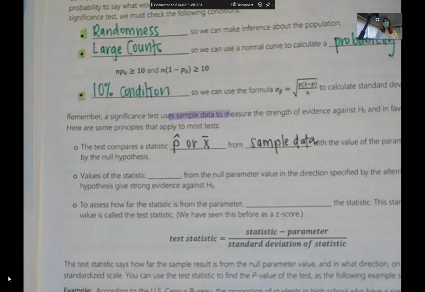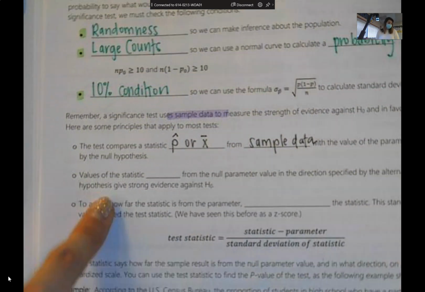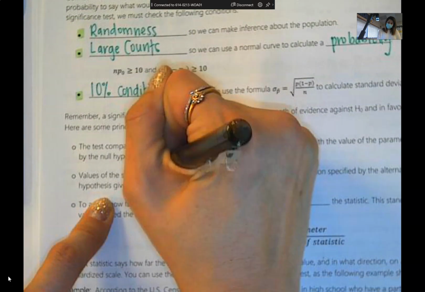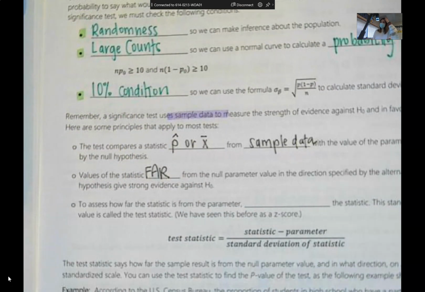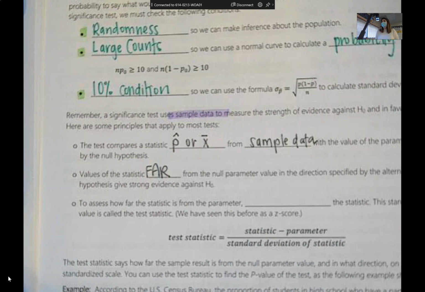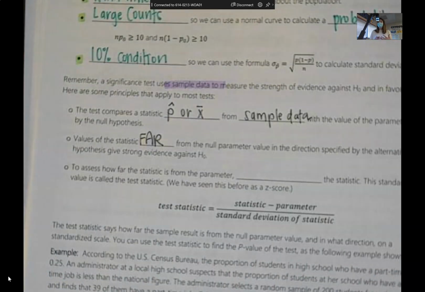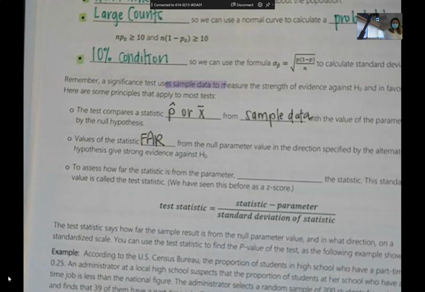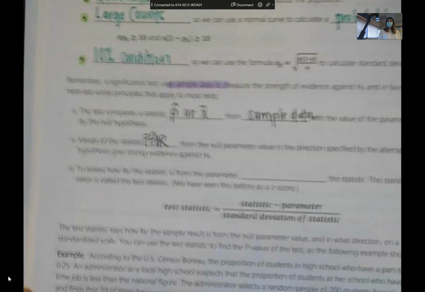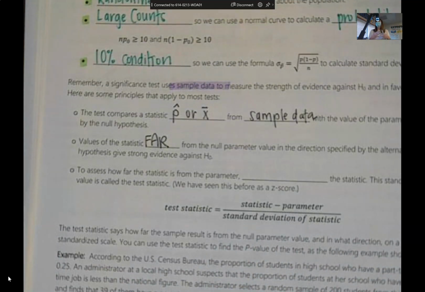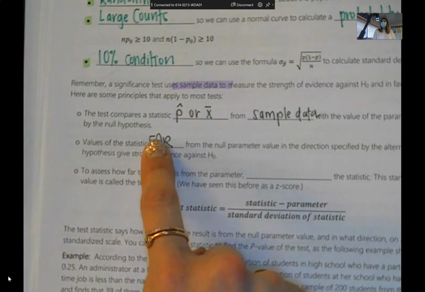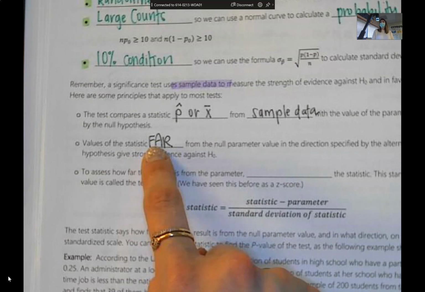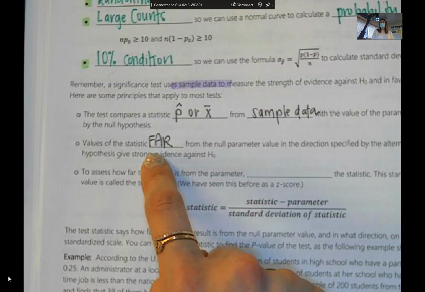So we would compare him making 40% of his shots to him claiming he can make 80%. Values of the statistic that are far from the null parameter value give strong evidence against the null. So this is what I was referring to when I said, if he shoots and only makes 40%, that is very far from 80%. So that would be strong evidence.